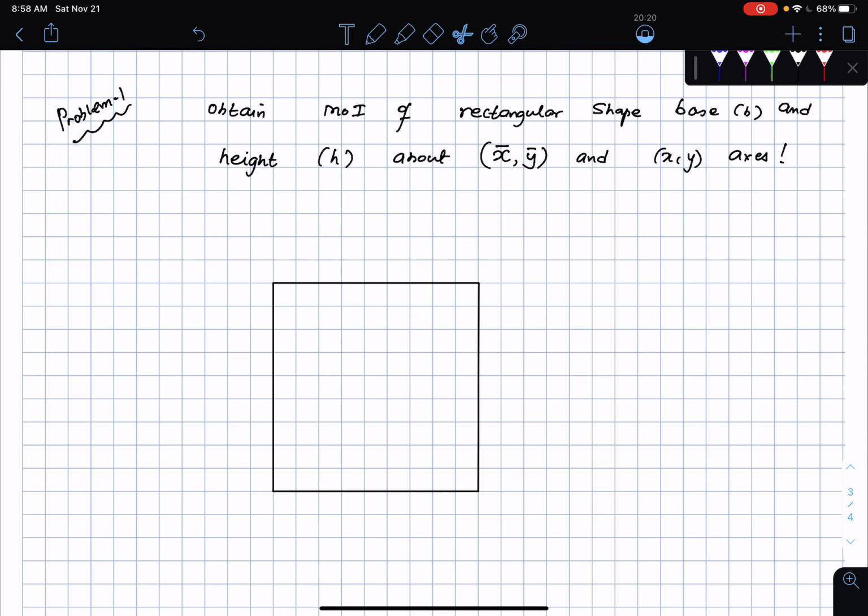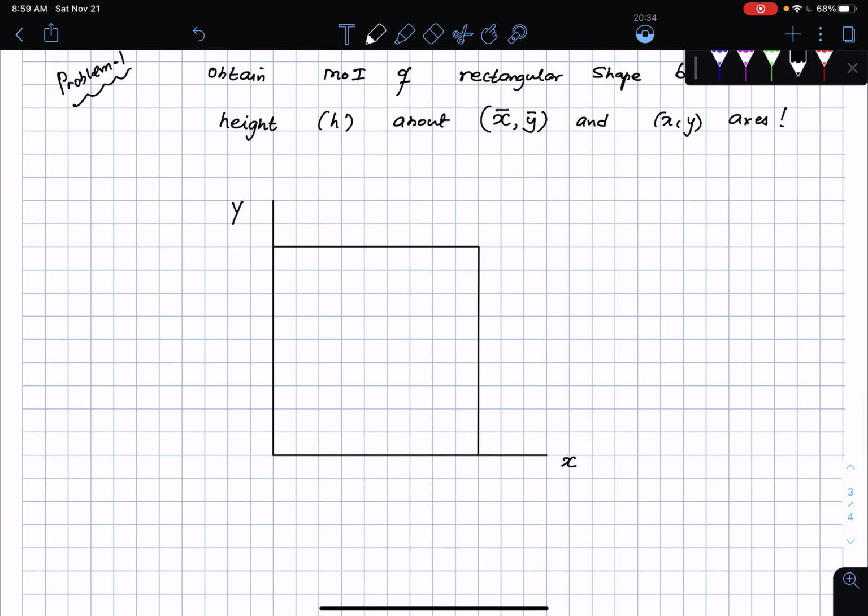Then I say, here is the x-axis and the y-axis. I'm just going to extend this and call this the x and the y. So this is the y-axis, this is the x-axis. The total width of the rectangle is given to me. The base is b and the height is h.